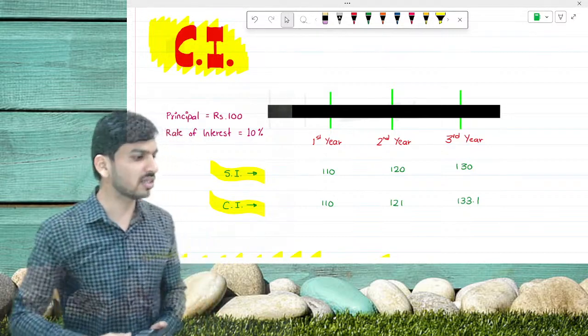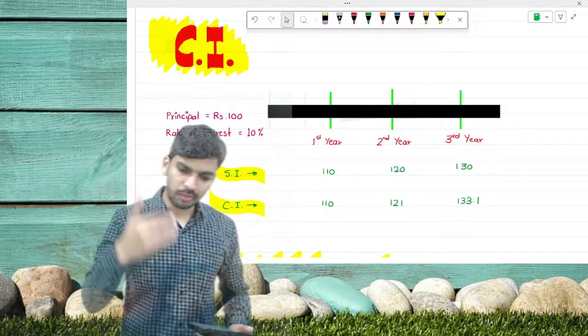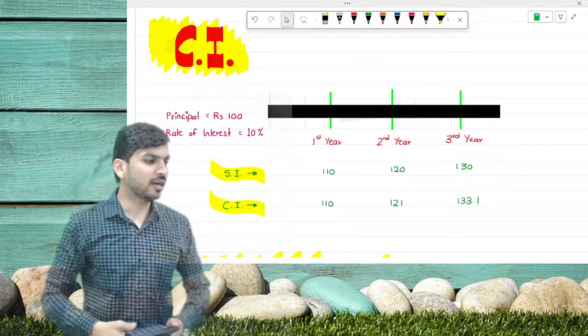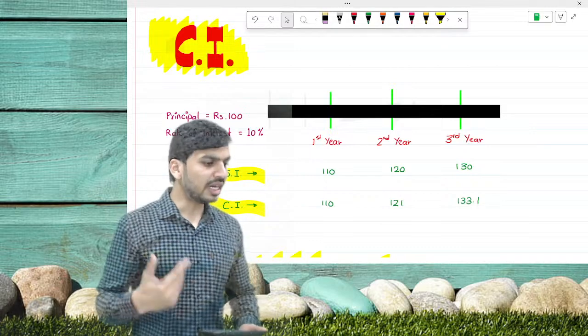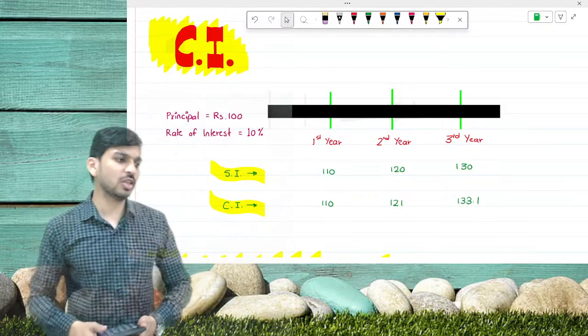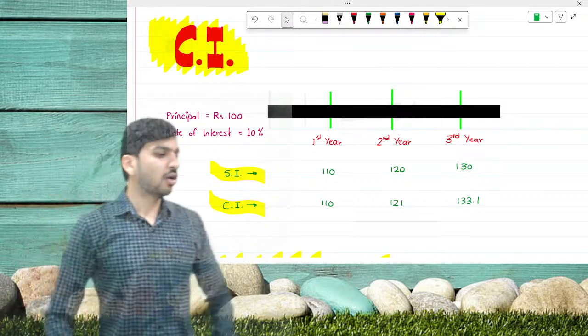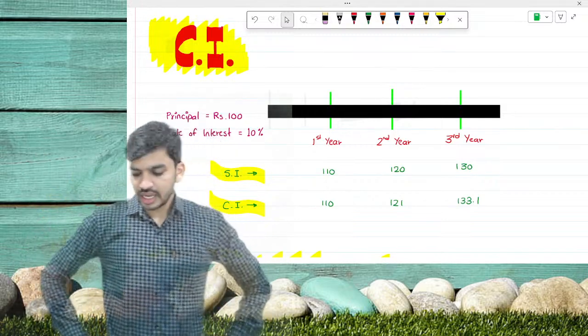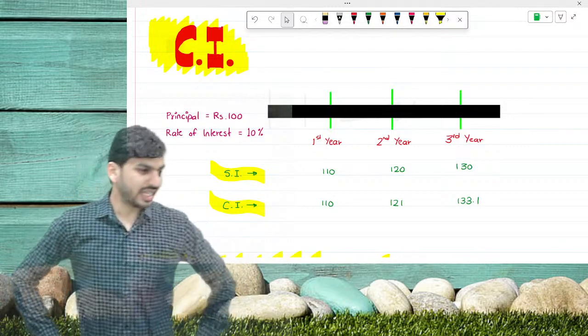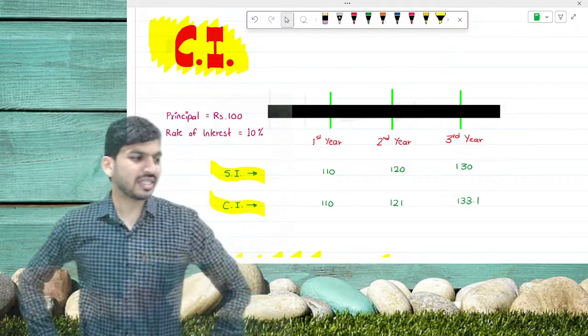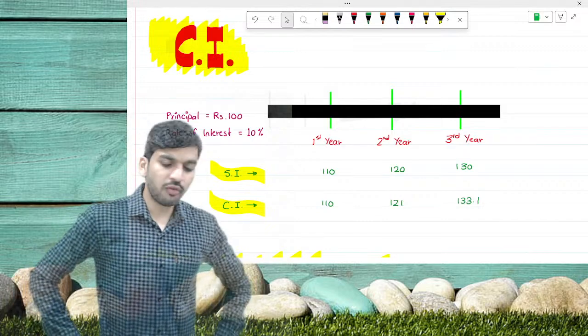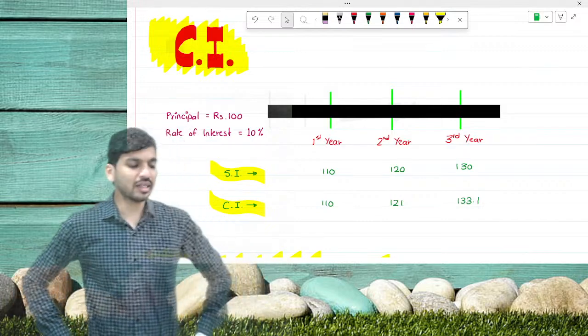All of you got this answer? I am going to teach this very deeply, but you have to be very attentive in class. Do reply with your answers in the comment section. So the answer comes out to be 146.41. At the end of 4 years we are going to get this amount.